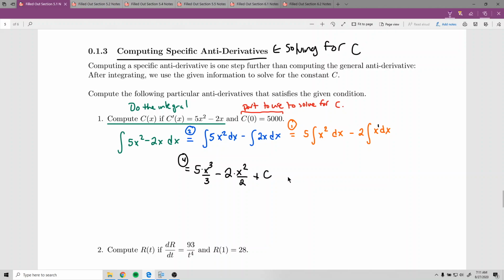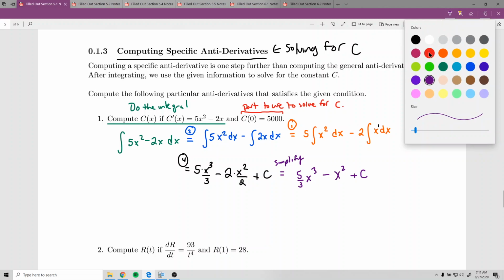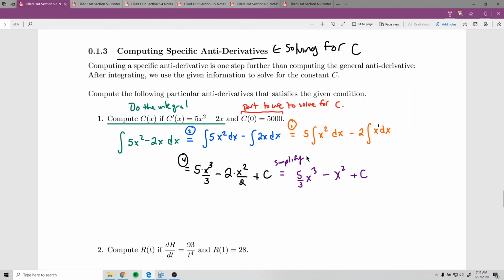But my preference with solving for C is simplify first. So the 5 over 3 x squared, we can't really do anything with that because the 5 and 3 don't cancel out. Minus 2 over 2 cancels out, and we get minus x squared plus C. All right, so this is our simplified C of x.